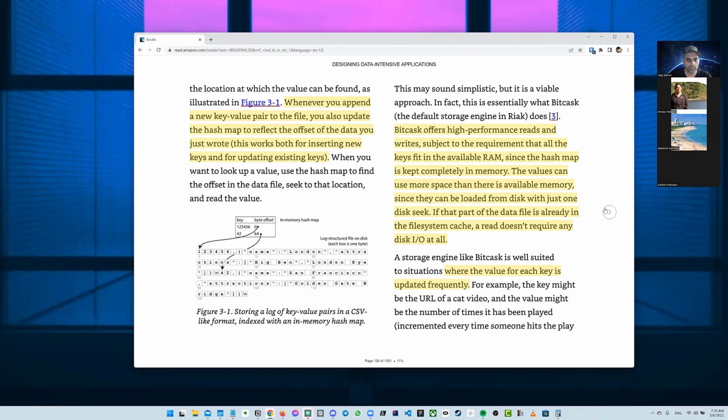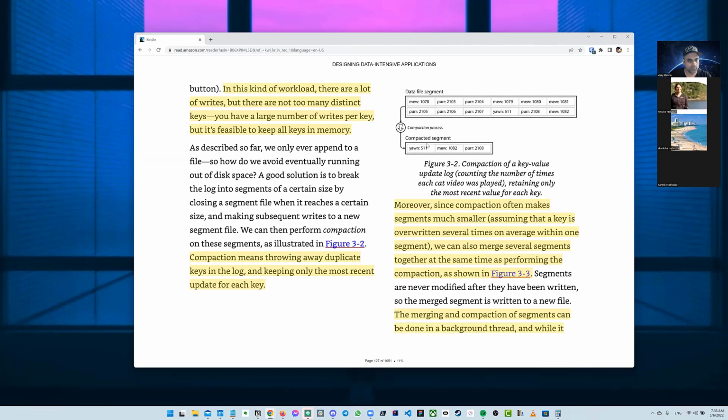So to work around that, we divide the keys into segments. Whenever we reach a certain threshold, we start writing to a new segment and write the old segment to the disk.